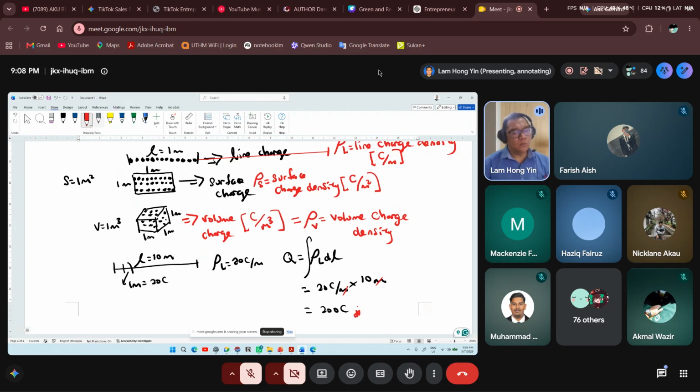So this is how you actually identify the total charge in one length. The same things happen for the surface, the same things happen for the volume. All right?